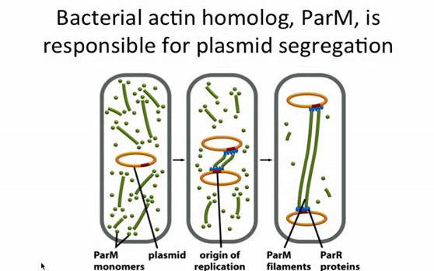So do you guys know what a plasmid is in bacteria? So what is a plasmid? Someone tell me. Yes. It's basically a little bubble sort of extra DNA. So it's a little piece of extra circular DNA. Yep. And what kind of genes are usually encoded on plasmids? Yes.